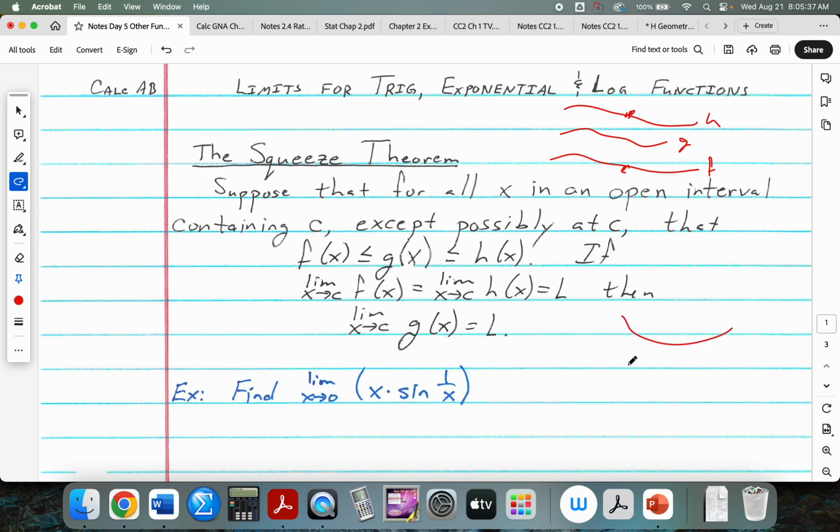Well, that means it's got to look something like that, right? And this other one has to be in between. It gets squeezed to that point. That's why it's called the sandwich theorem. It's 2 pieces of bread, and the stuff in the middle gets trapped in between them. I think the squeeze theorem is actually a better name for it because it actually squeezes it all the way down to that one point.